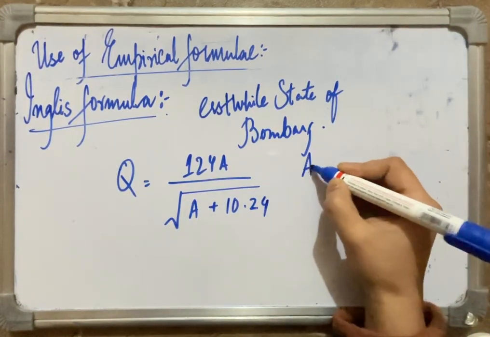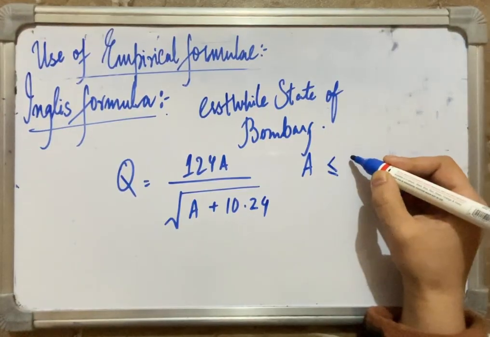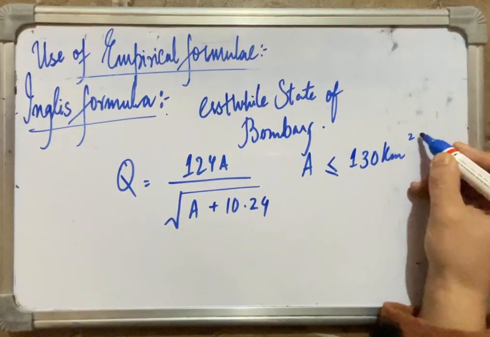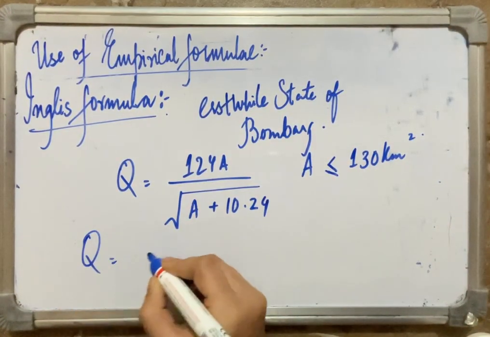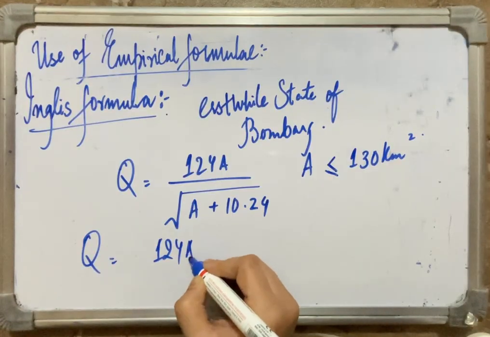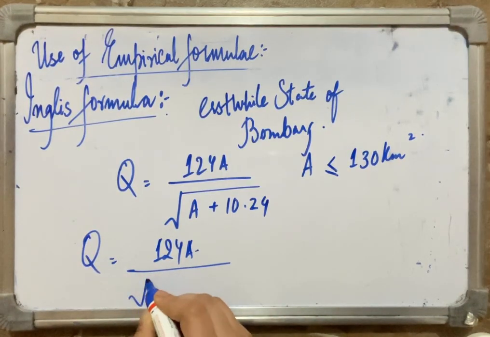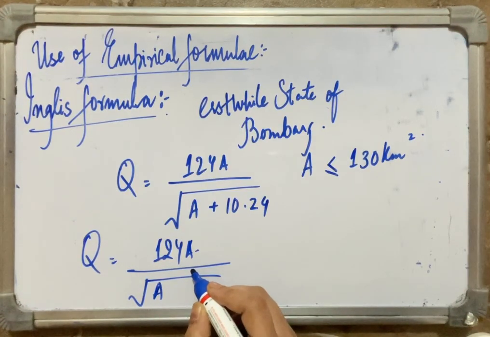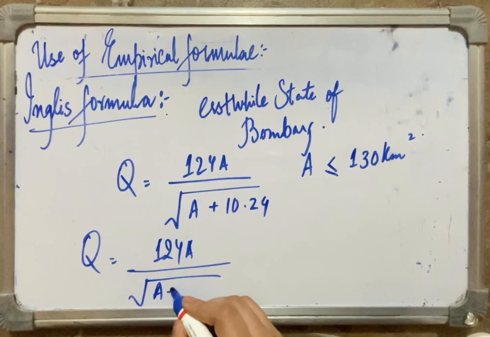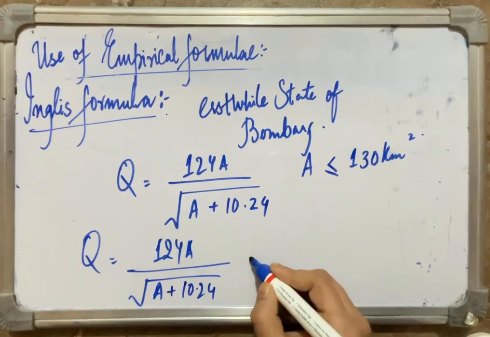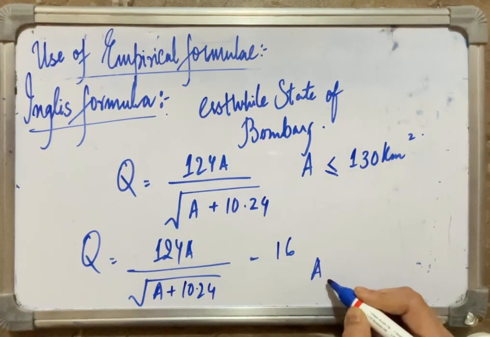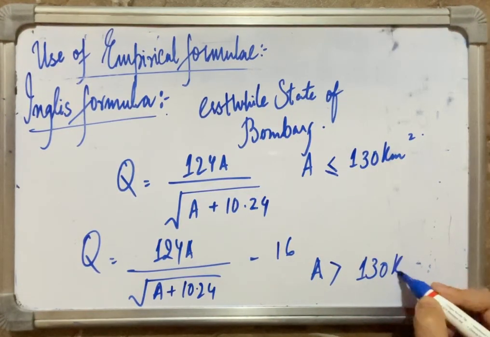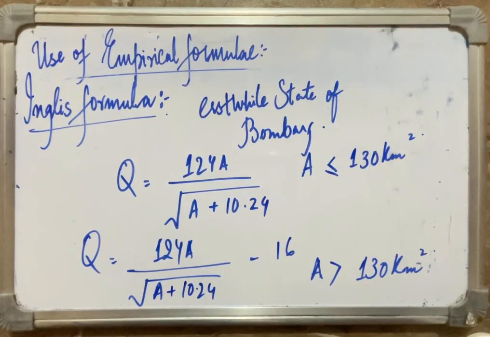This is for all such areas which are less than or equal to 130 square kilometers, and Q is 124A divided by the root of A plus 10.24, minus 16. This is for areas just more than 130 square kilometers.